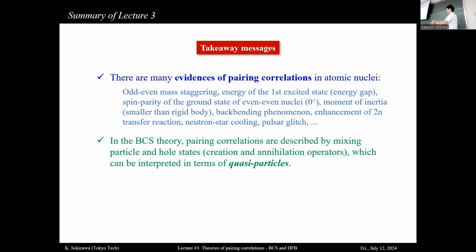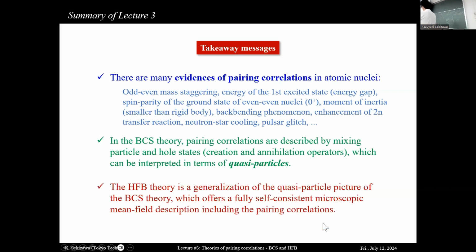And those states contribute to the pairing. Because the pairing gap delta is proportional to the factor UV, and this UV component only becomes finite around the Fermi level. And also, the particle number dispersion is also contributed from the states around the Fermi level, and this is an important property in BCS and in general pairing phenomena.